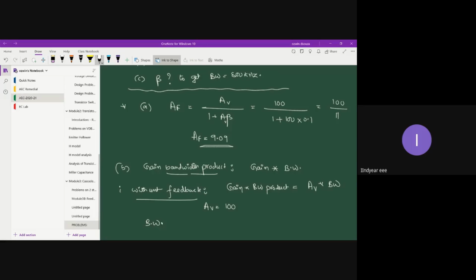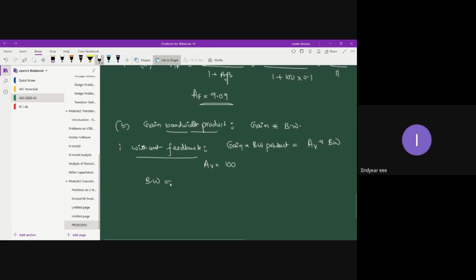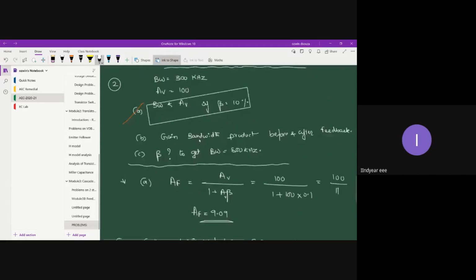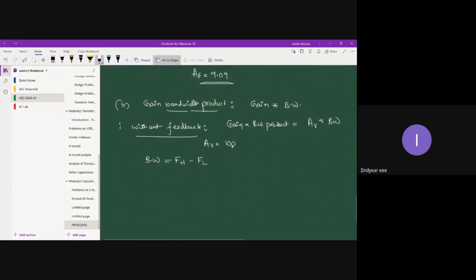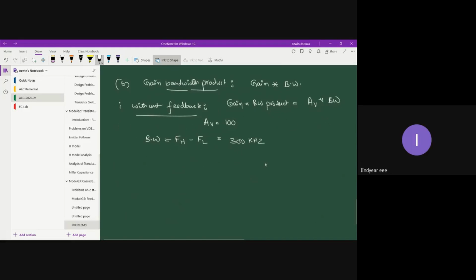Now, what is bandwidth? Remember one thing, in order to find bandwidth, either you should be given the straightforward value of the bandwidth, or at least you should know the values of FH and FL. Since FH and FL values are not given, but we have been given the bandwidth value straightforward, then pretty simple. So this is 300 kilohertz. They are given directly. Okay, so no worries.